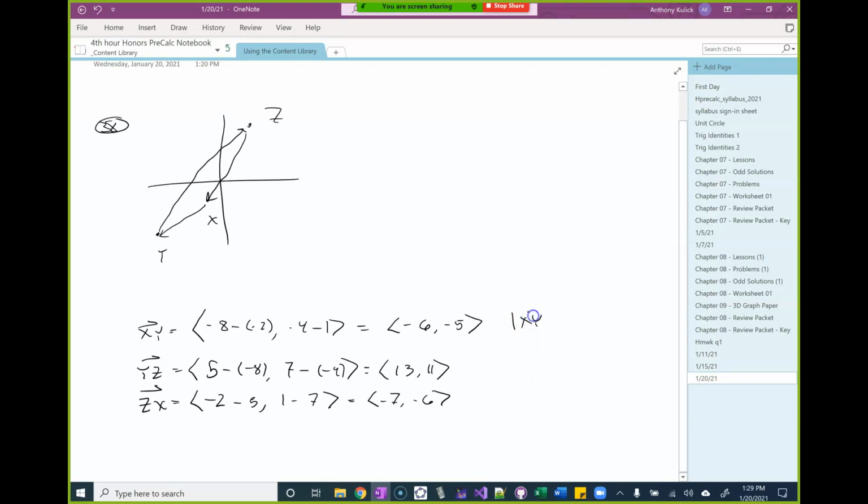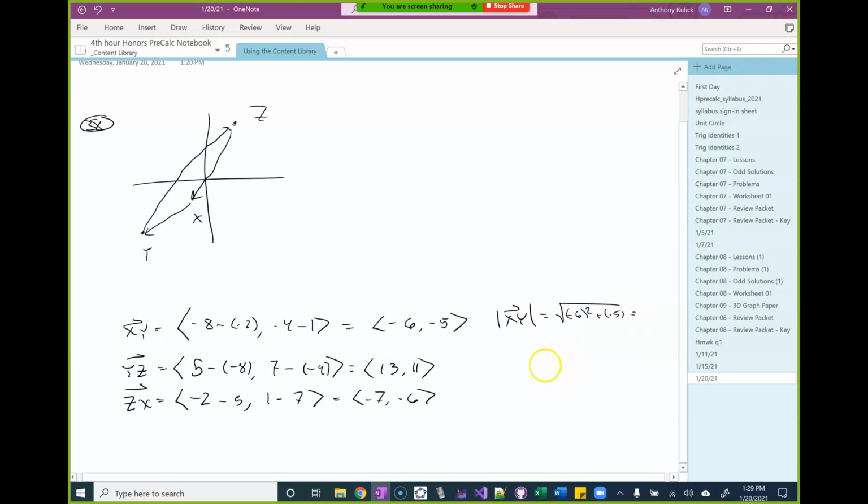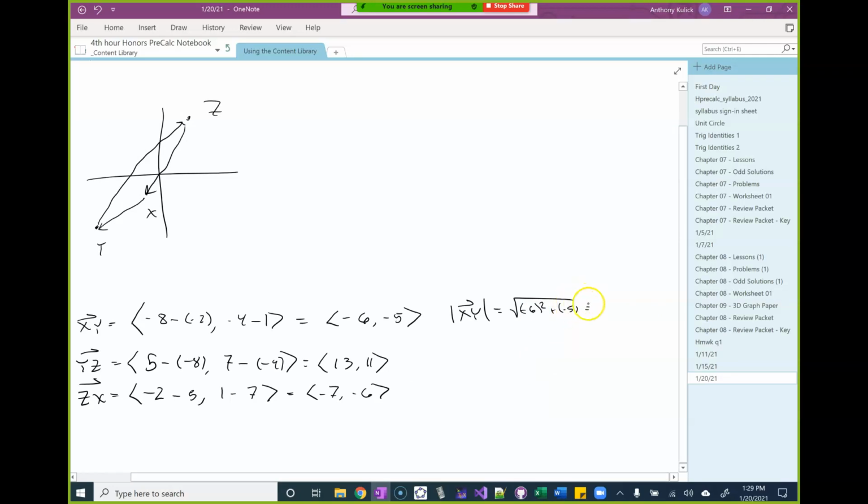So the length of xy is going to be this, which is 36 plus 25, which is 61. Let's see, that's 169 plus 121, so that's 170 and 120, so 390.